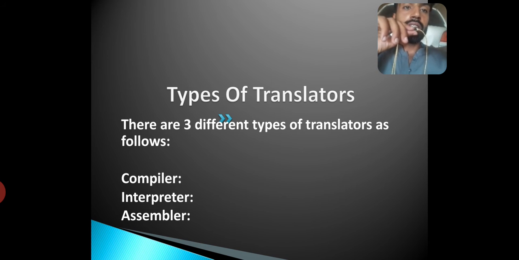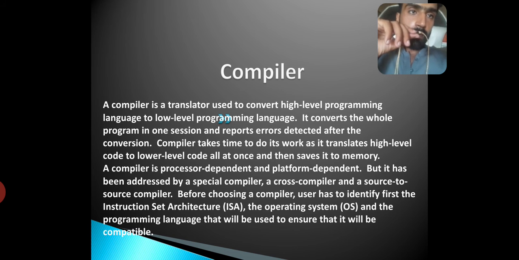Types of translator. There are three types of translator as follows: compiler, interpreter, assembler. Compiler. A compiler is a translator used to convert a high-level programming language to a low-level programming language. It converts the whole program in one session and reports errors detected after the conversion.